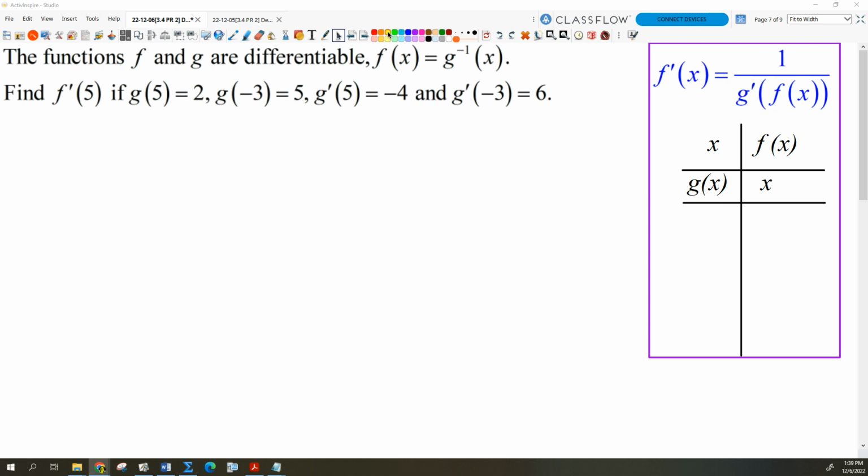This guy right here puts it there, doesn't it? And then that right there puts it there, doesn't it? See what I'm saying? Okay.